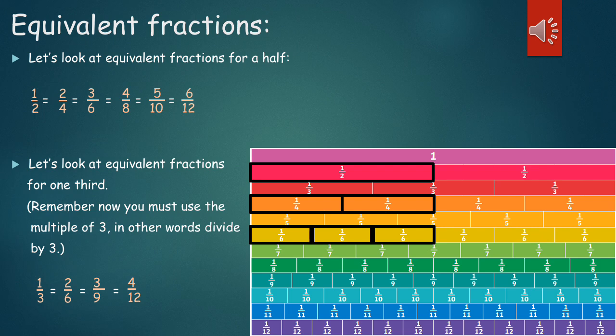Remember now, you must use the multiples of 3. 1/3 equals 2 sixths equals 3 ninths equals 4 twelfths. Look at the illustration and then you will understand.